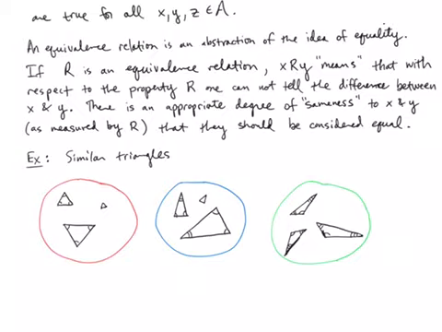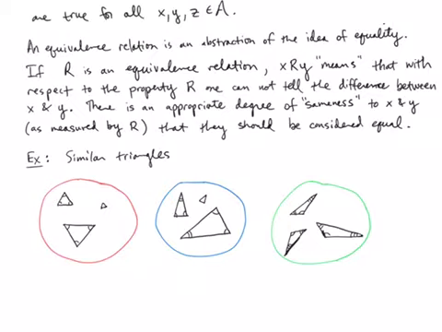In this red circle here, I have some equilateral triangles of various sizes and situated in various orientations, and you can take those triangles and scale them and rotate them to make them fit on top of each other. In the blue circle, I have some isosceles triangles, and in the green circle I have some scalene triangles that are similar.